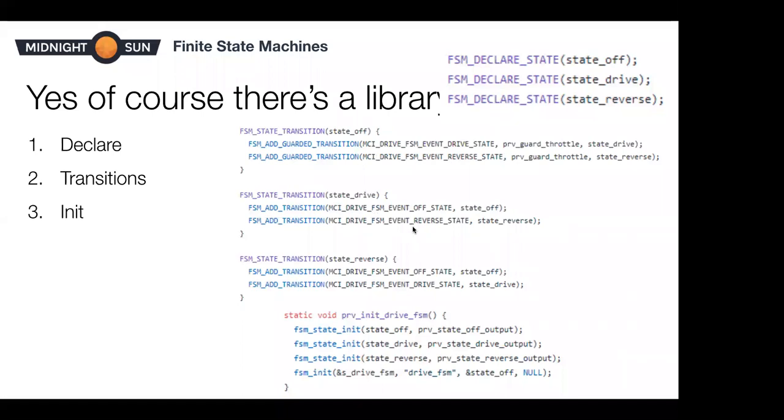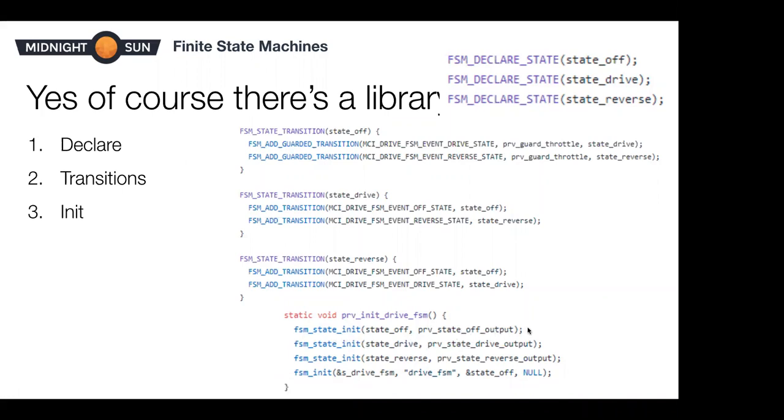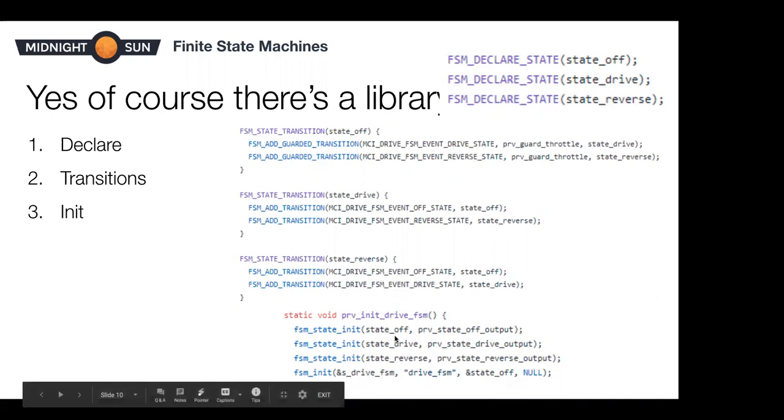And then we initialize the state output functions with FSM state init. A state output function is a function that will be called when we transition to a state. So this FSM state init, state off, PRV state off output line says that whenever we transition to state off, regardless of what happens, we run this function PRV state off output, and then initialize the whole FSM with FSM init.